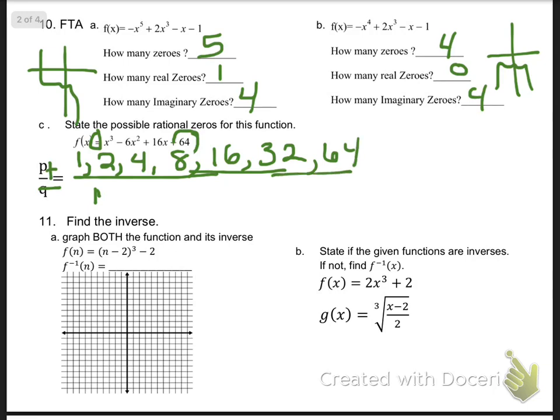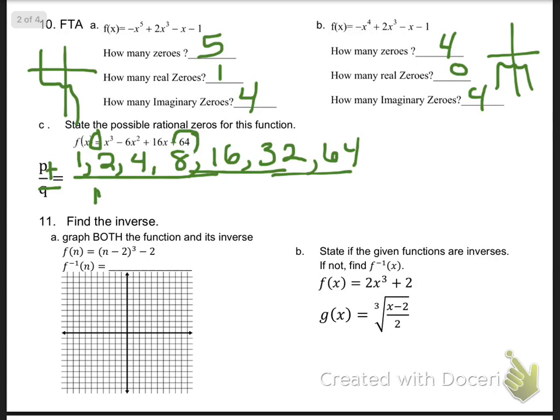So 1 times 64, 2 times 32, 4 times 16, 8 times 8. So those are all the possible combinations. So it's going to be plus or minus 1, plus or minus 2, plus or minus 4, plus or minus 8, plus or minus 16, plus or minus 32, plus or minus 64. All right. Remember, they're possible zeros. It doesn't mean there are going to be zeros.